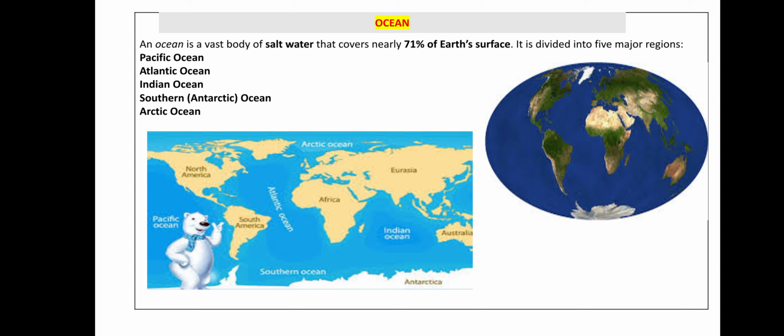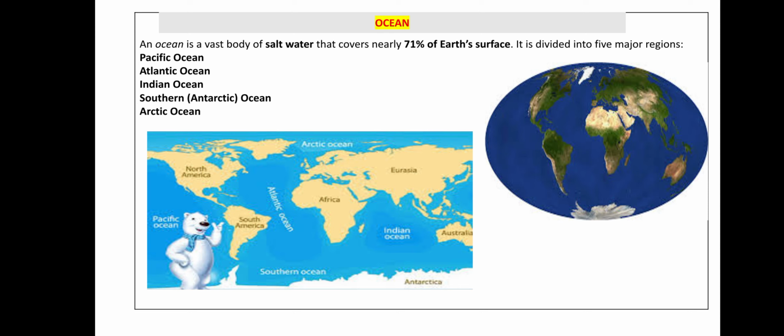The oceans on the earth are divided into five major groups: Pacific Ocean, Atlantic Ocean, and the ocean below the land of the Indian subcontinent is known as Indian Ocean. The ocean on the southern pole is known as Antarctic Ocean or Southern Ocean. The ocean on the northern pole is known as Arctic Ocean.